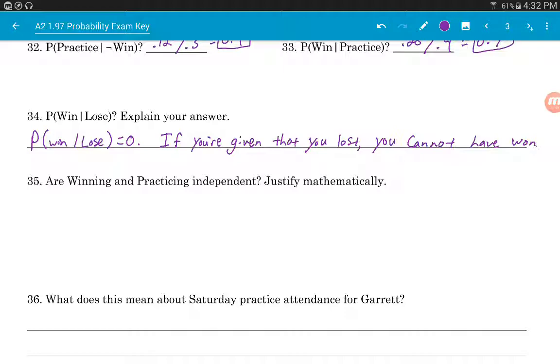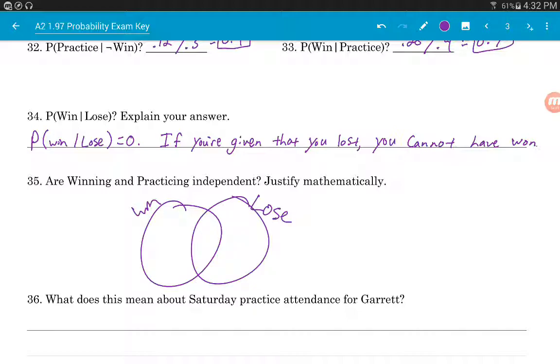Because if you're given that you lost, you cannot have won. They're mutually exclusive. There's no way for you to win and lose, right? If it's just one game, could you win and lose the same game? Is there any way for one game to fall in here? No way.